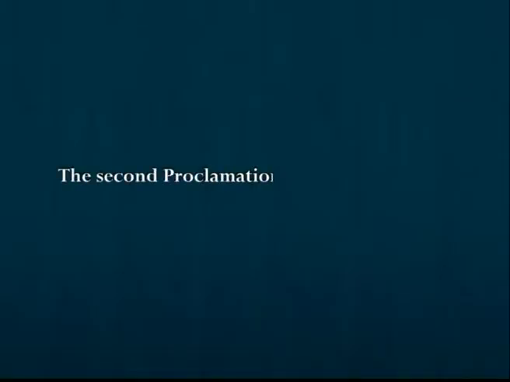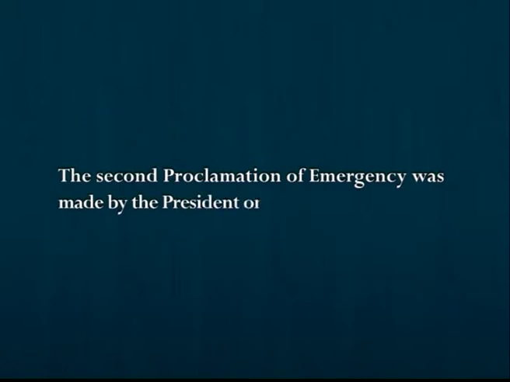The second proclamation of emergency was made by the President on 3rd December 1971. The reason for issuing such an order was that Pakistan waged an undeclared war against India.